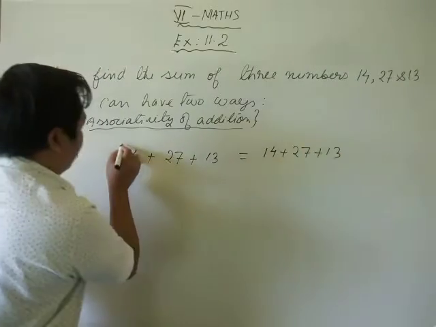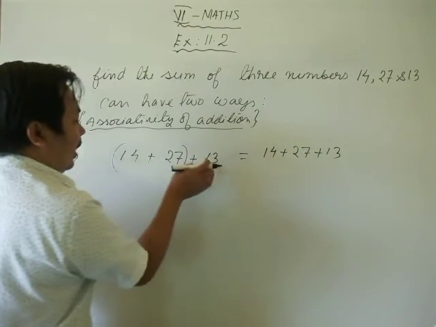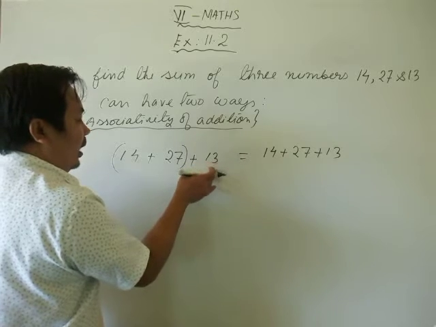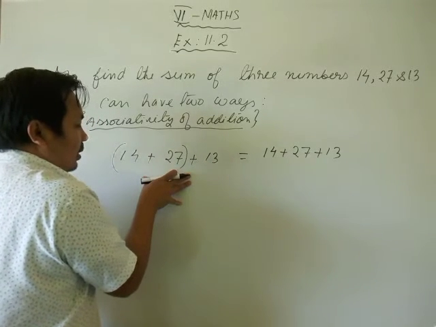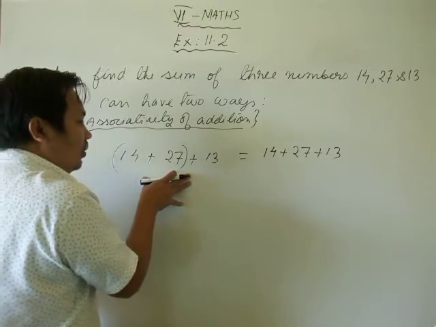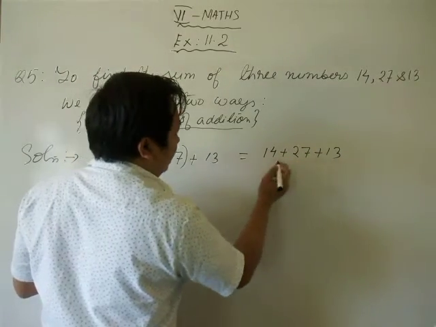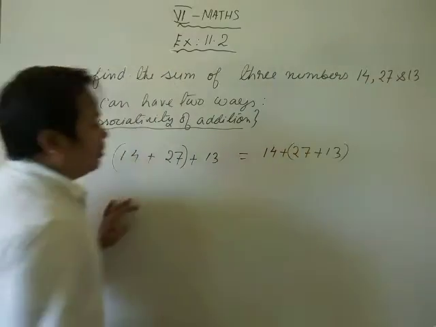That means first we add these and after that we again add 13. How you add here and get the answer will be the same as how we add here and get the answer. So this is called the associative property.